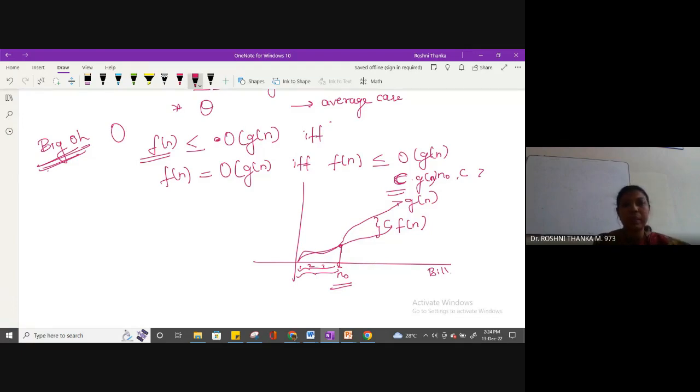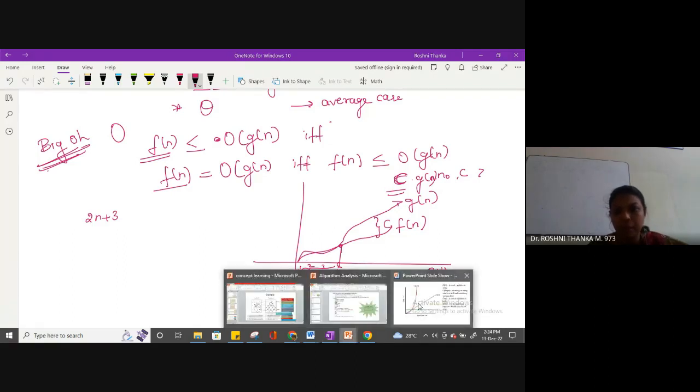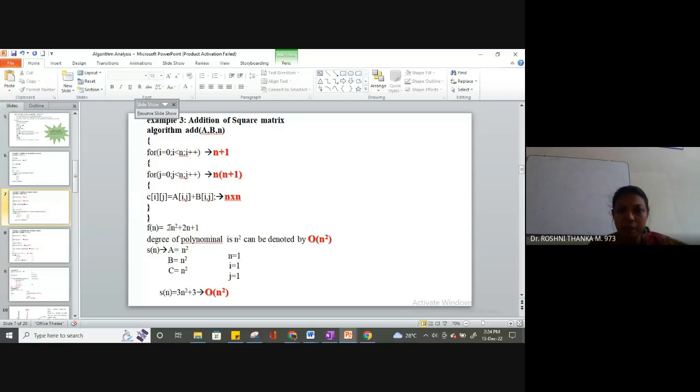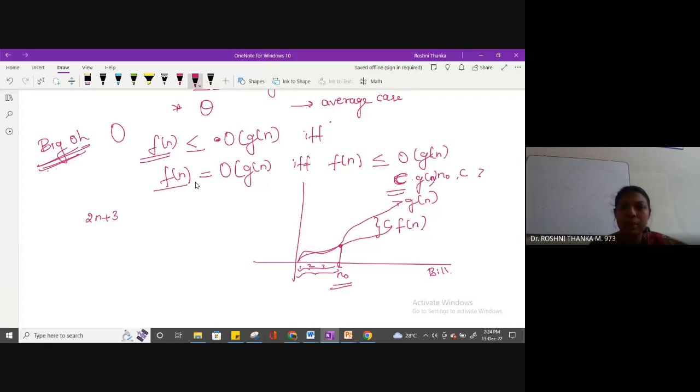So let us see this with an example. Consider our algorithm where f of n can be 2n plus 3, or any quadratic equation. Generally, in the PPT we also saw that whenever we measure any of this, we get some quadratic equation. So here f of n, the function I am going to get, is 2n plus 3. f of n should always be less than or equal to c into g of n.